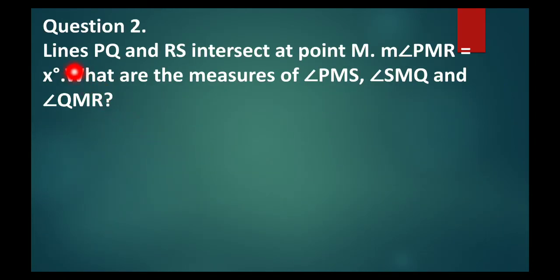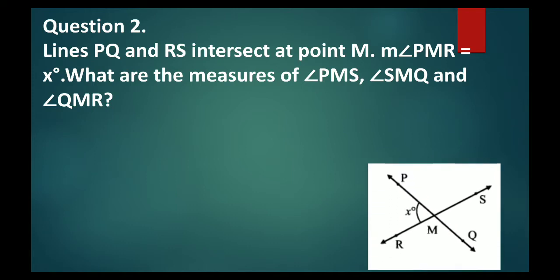Now question number 2. Here lines PQ and RS intersect at point M. The measure of angle PMR is x degrees. Find the measures of PMS, SMQ and QMR.